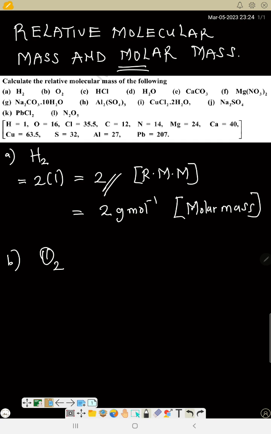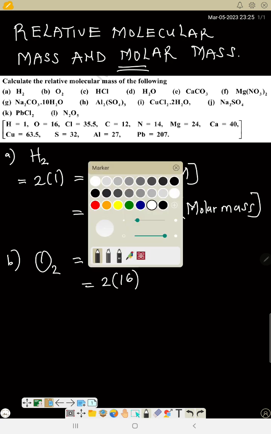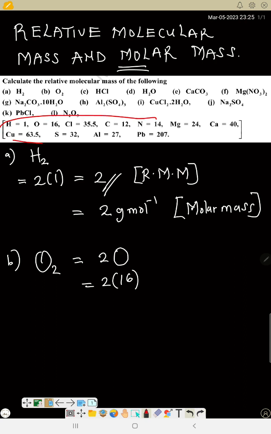oxygen gas. Now that we know how to name, we'll be calling everything by its real name. So this is oxygen gas. We have 2 of the O, so this will be 2 brackets, and oxygen is 16. Check the atomic mass; it's 16, as all the atomic masses are given here.